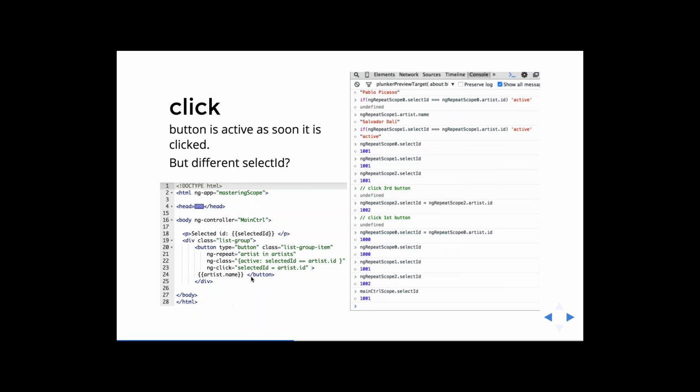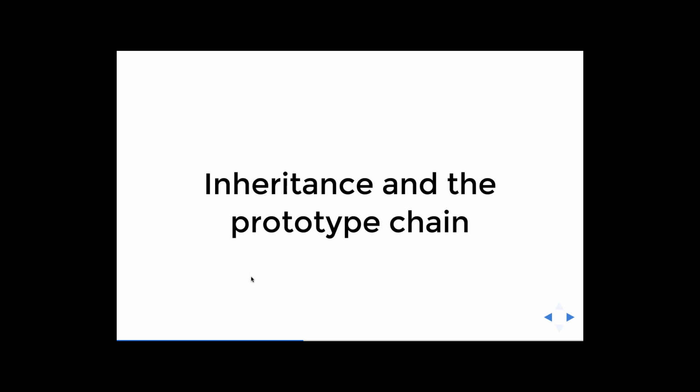So that's where it is not working. We are having some problems, and this is caused not by Angular but by JavaScript. In order to understand why this is happening and how these scopes are connected together, we first have to explain how inheritance works in JavaScript.